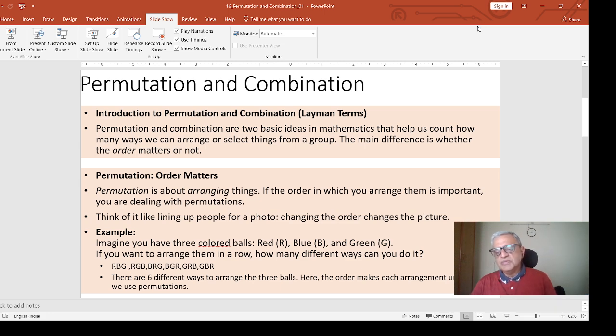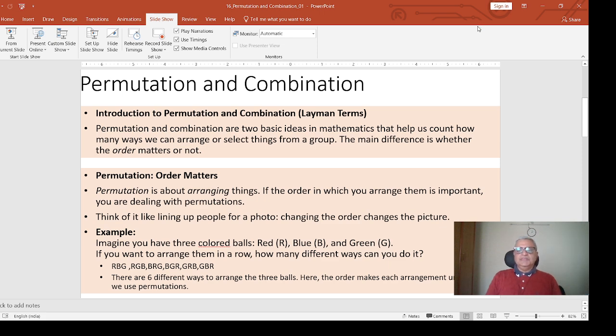For example, if you ask family members to sit for a family photograph, then the order in which family members sit matters.